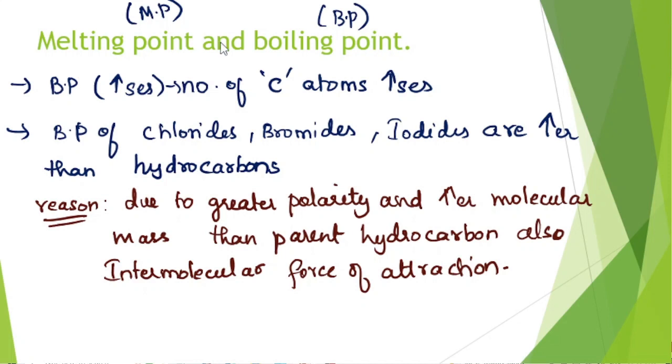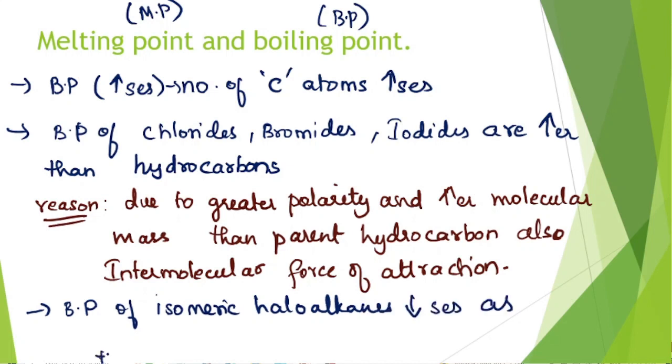So our next point is going to be the boiling point of isomeric haloalkanes. Isomeric haloalkanes will decrease as the branching increases.